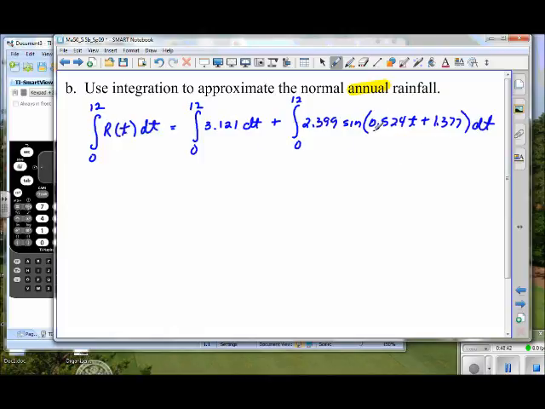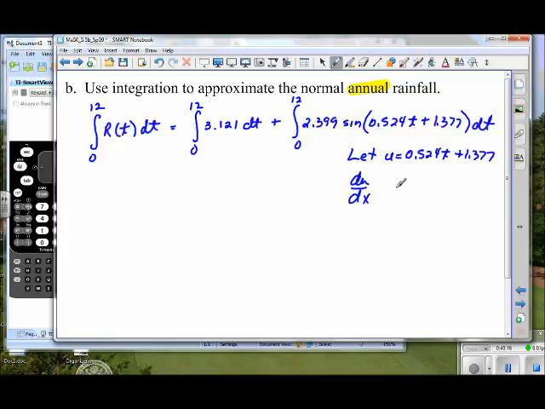Over here though is where we have, first of all, a scalar we can look at, but we have a composite function, the sine of another function here. So for this portion of it, let u equal 0.524t plus 1.377.